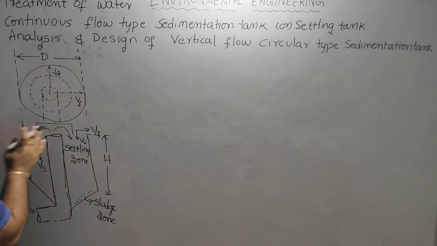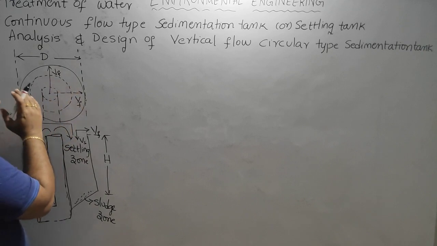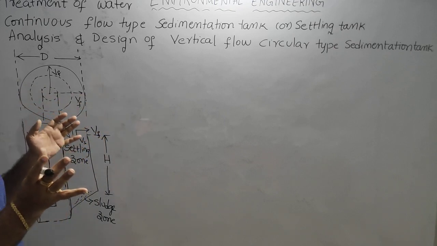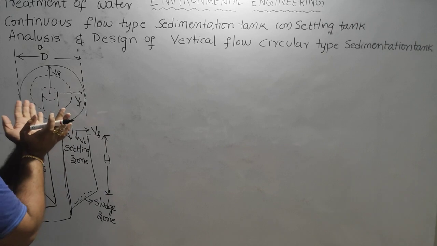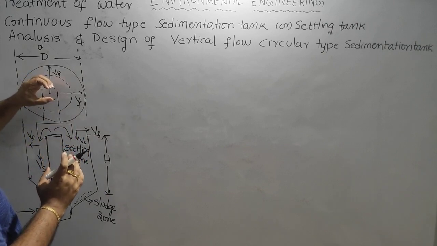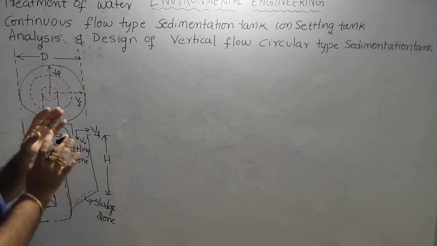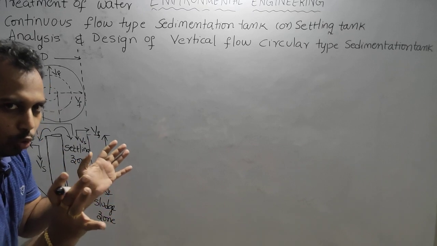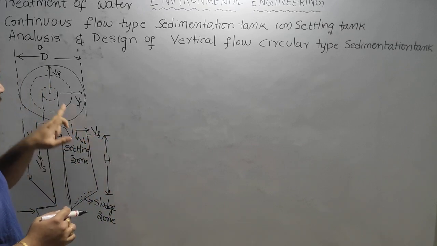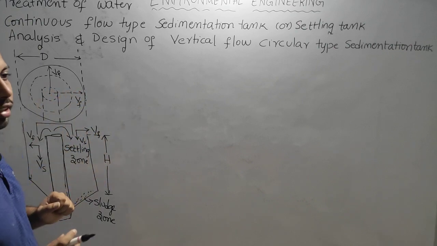The flow enters peripherally and moves along the circumference across the cross section. This is the cross section at the first location; at the second location it has increased, and at the third it has increased. From inlet to outlet, the cross-sectional area is increasing.